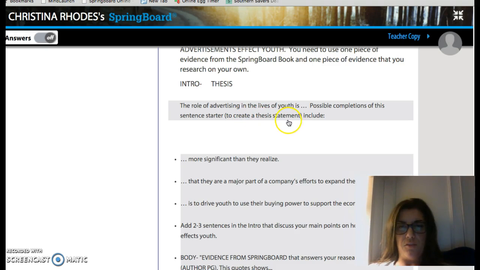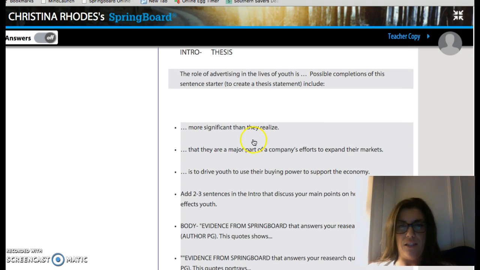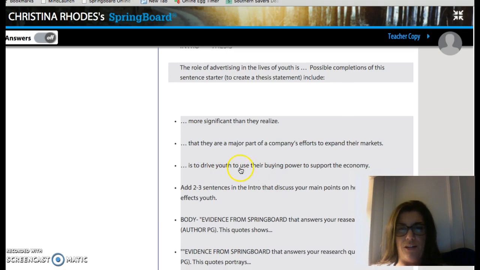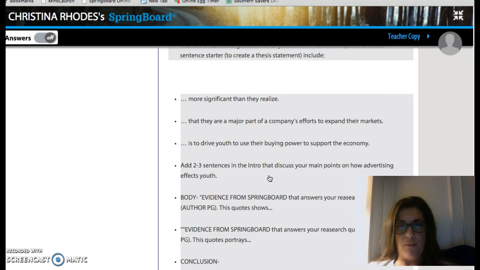This is just to create a thesis statement. So the role of advertising in the lives of youth is more significant than they realize, or the role of advertising in the lives of youth is that they are a major part of a company's effort to expand their markets, or is to drive youth to use their buying power to support the economy.